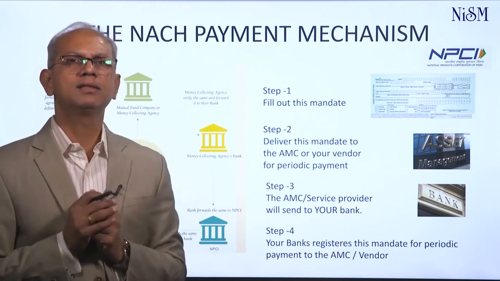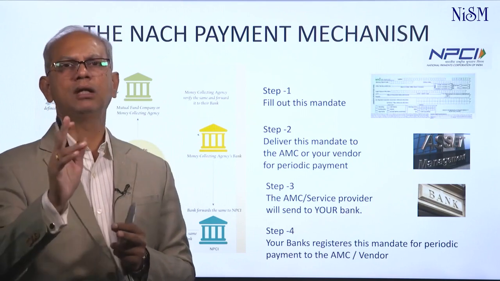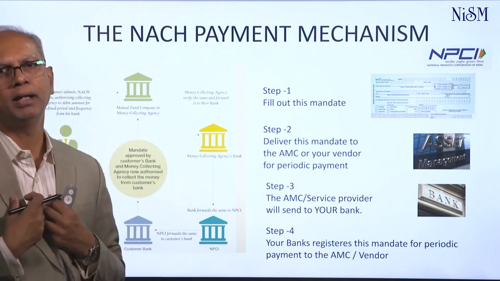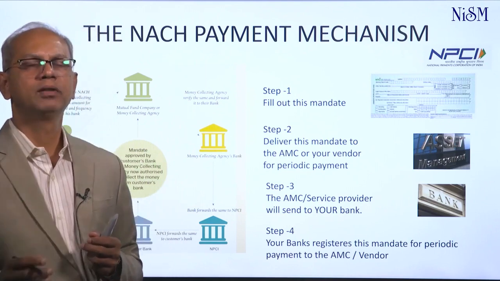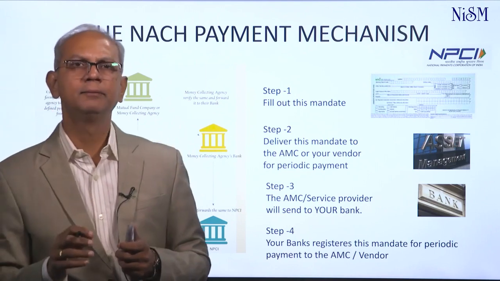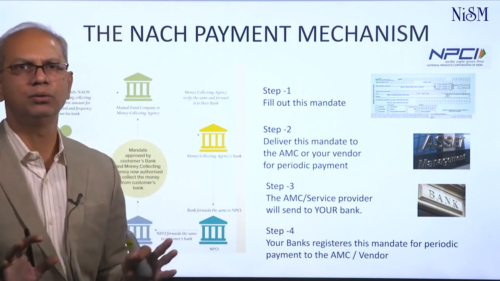Which means you are saying that every month, I want 2,000 rupees to be debited from my bank account, and that amount should go to a particular mutual fund in a particular scheme on a monthly basis. That's what you want to do.